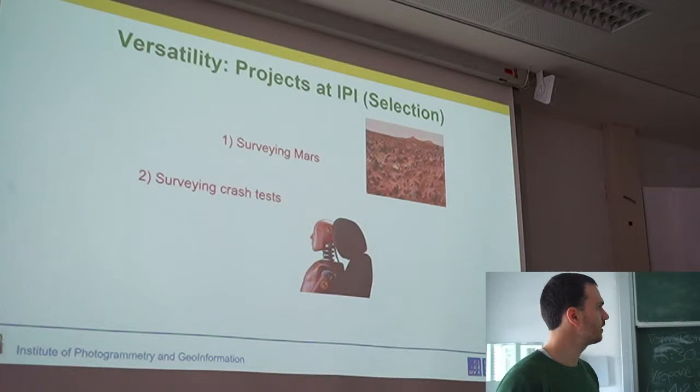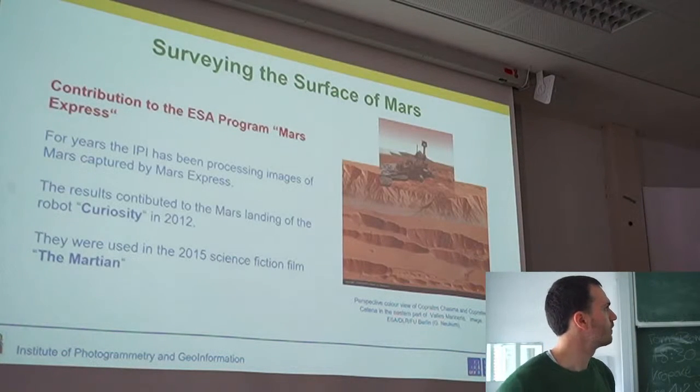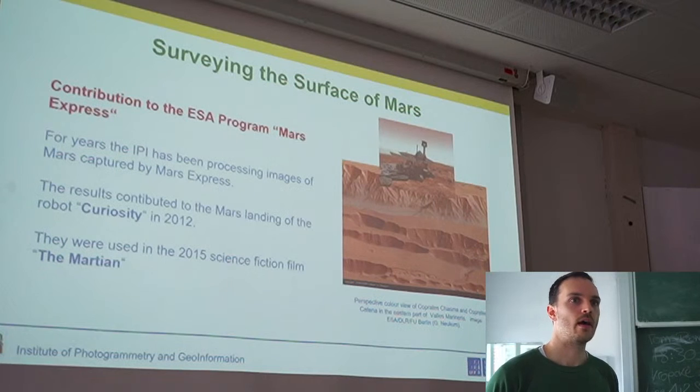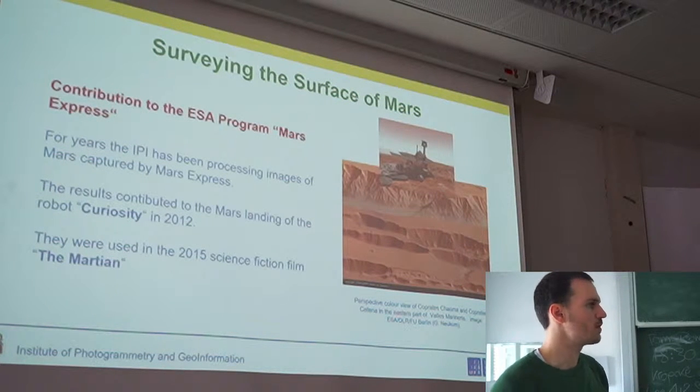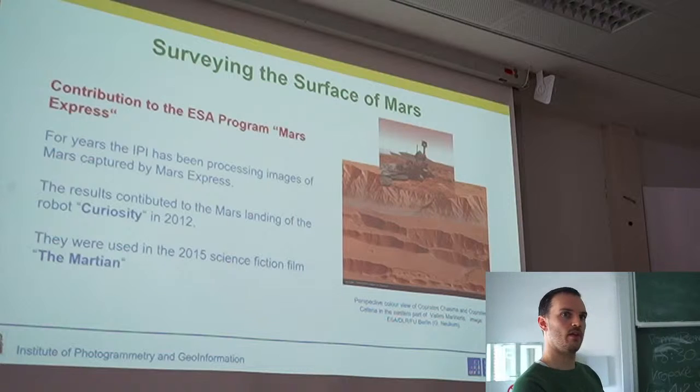The first one, we had a colleague who was working on surveying the surface of Mars. There are satellites not only recording the surface of the Earth, but also the surface of Mars. And what he basically did was optimizing the procedure for the 3D reconstruction of the surface.